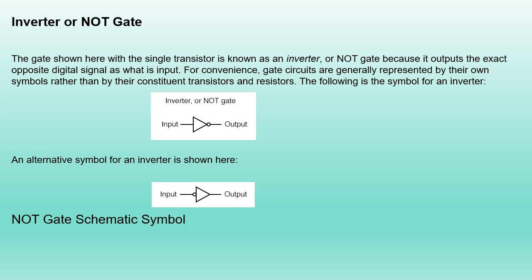Gate symbols usually show only input and output wires. The ground reference is simplified. Like amplifiers, gate circuits require a power supply, but the power connections are often not shown in the symbol to keep diagrams simple. NOT gate in circuits.